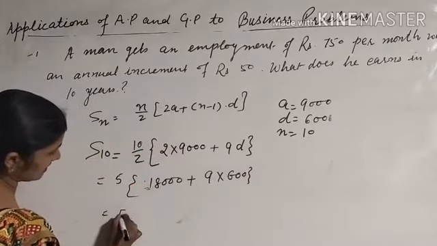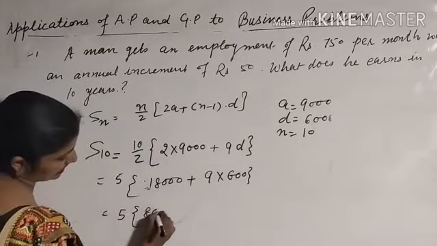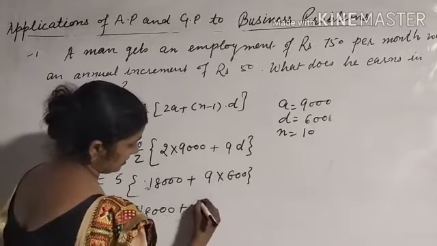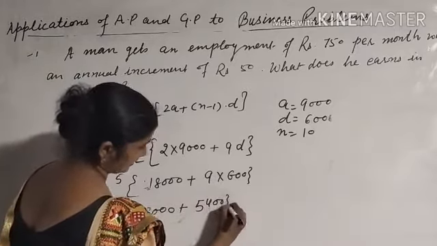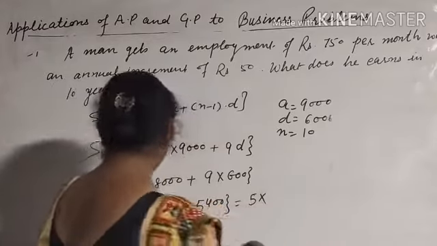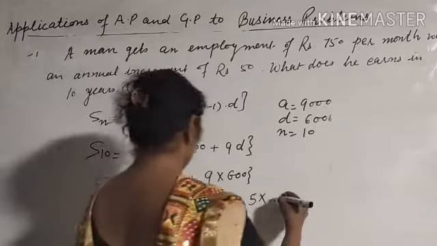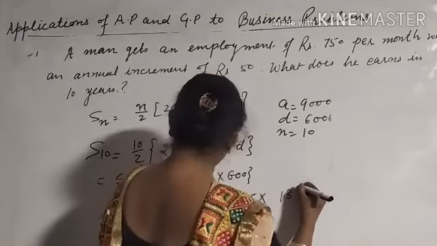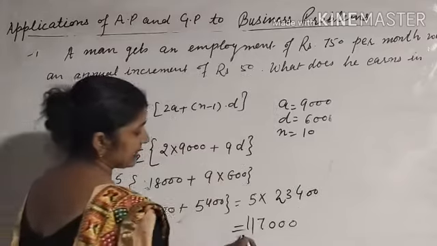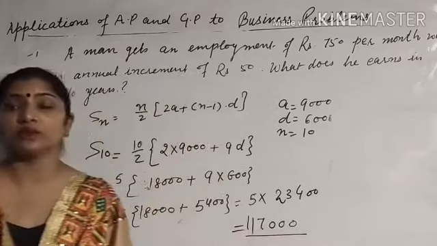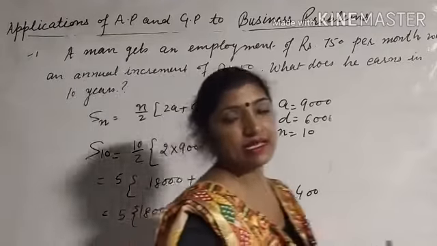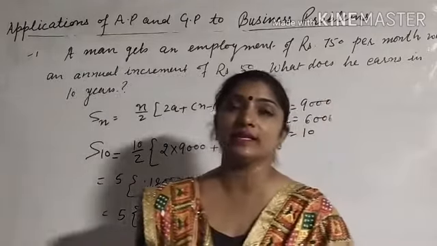This is 5 into 18,000 plus 5,400, which is 5 into 23,400. That is 1,17,000 rupees. So he earned a total of 1,17,000 rupees in 10 years.